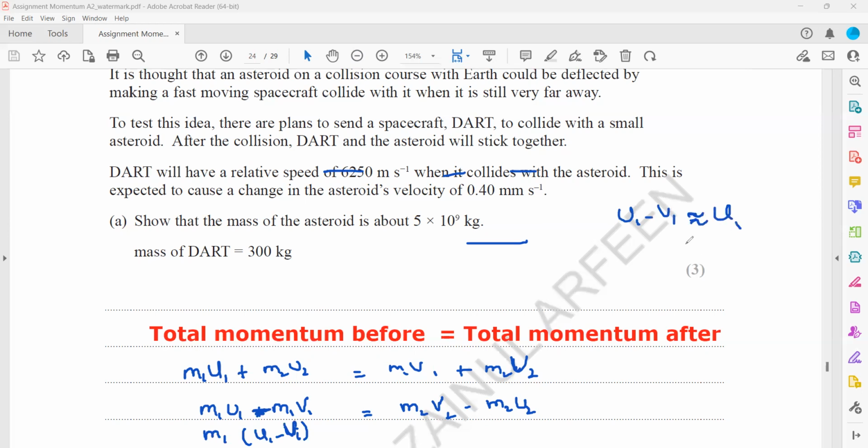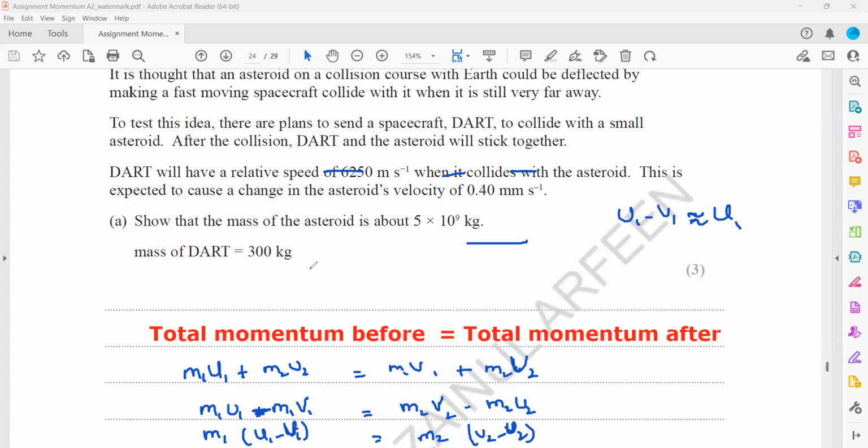On that basis, they calculated, because in the question the change in the velocity of the asteroid is very small, so the change in velocity of the dart should also be very small. That's why u1 minus v1 is approximately equal to u1. Here we take m2 common, so it is v2 minus u2.